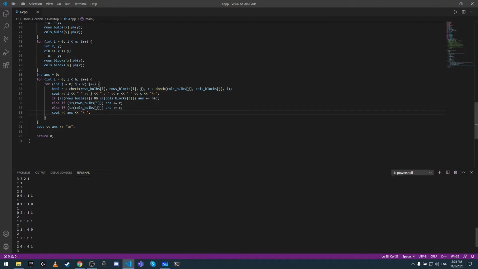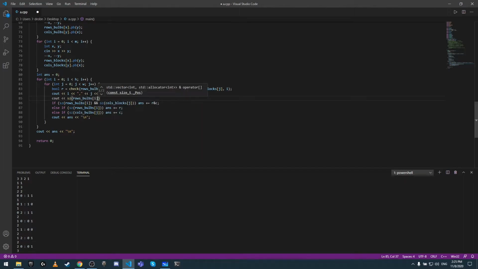So if size of rows I, then ans plus, oh my god. And then size of rows, bulbs I, size of calls should be double.